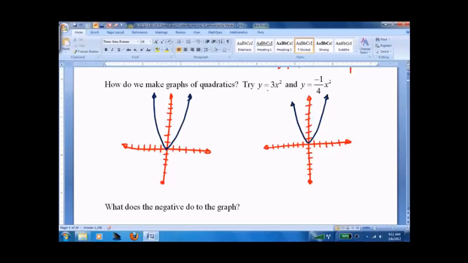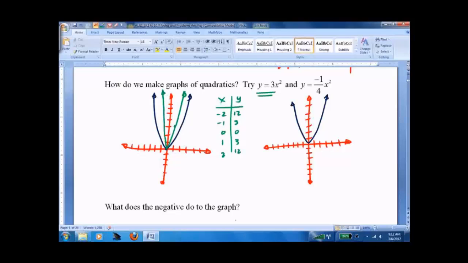And now, put this one in green, what does y equals 3x squared look like? We can sit there and make a table. And notice that it goes up much faster.